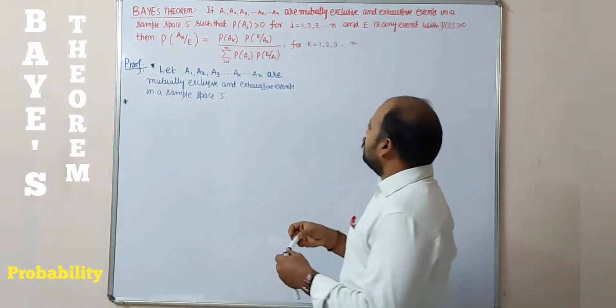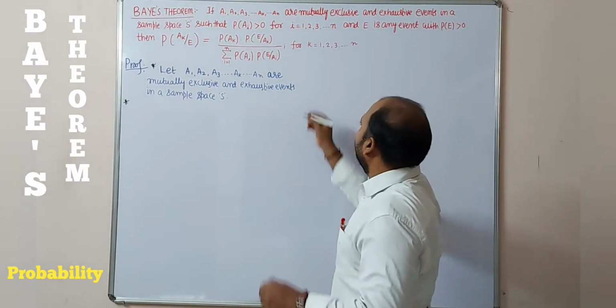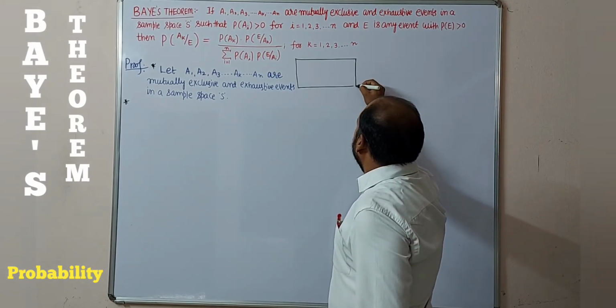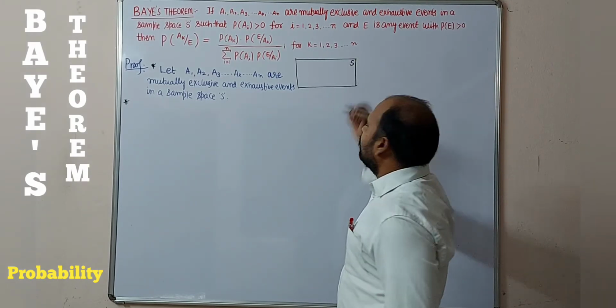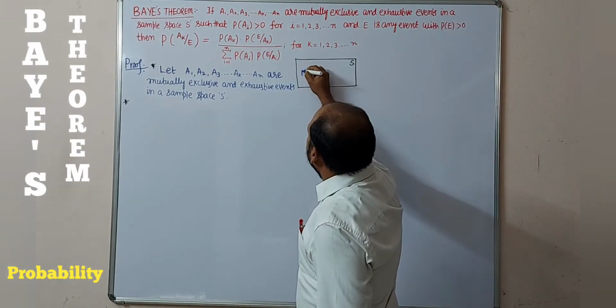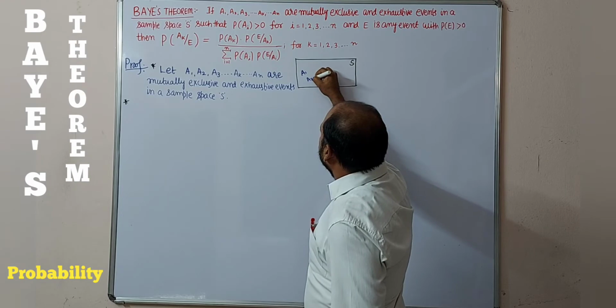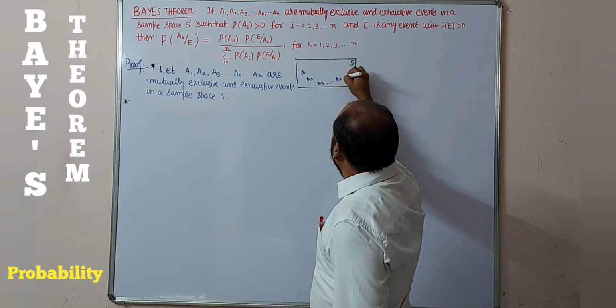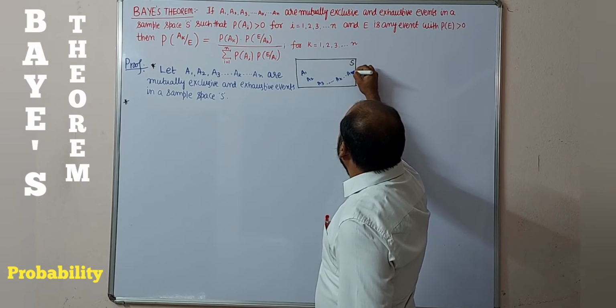I will draw a rough figure for understanding purposes. This is the sample space. It contains the events A1, A2, A3 and so on AK and so on AN.